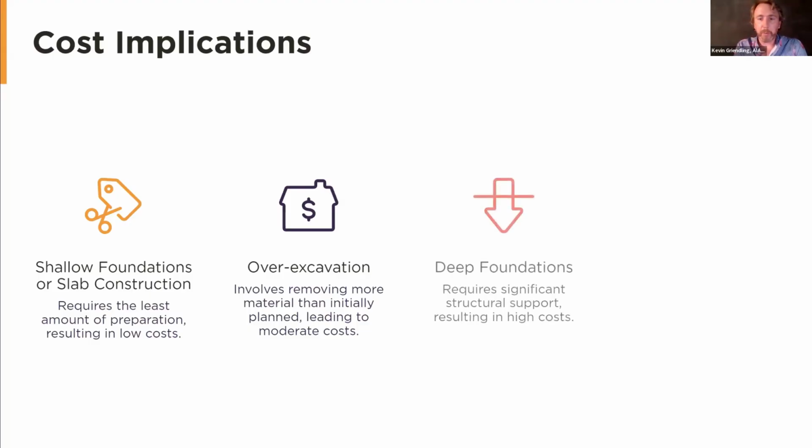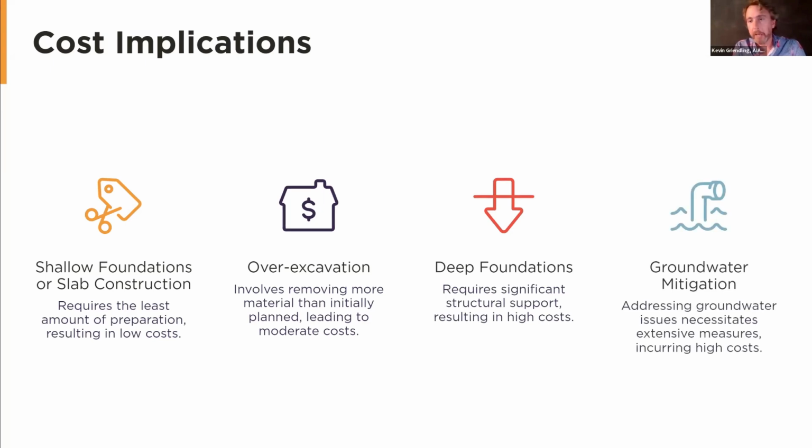And of course, deep piles as well. Anything deep is going to cost a lot of money. Excavation is incredibly expensive. And then lastly, the secondary cost implication that is not tied to how much you're going to have to excavate is your groundwater mitigation. What system are you choosing to manage water?